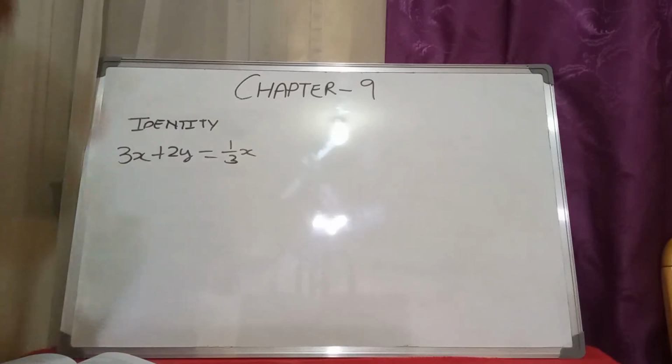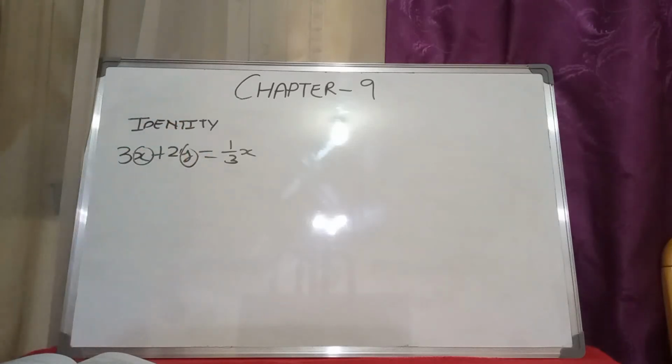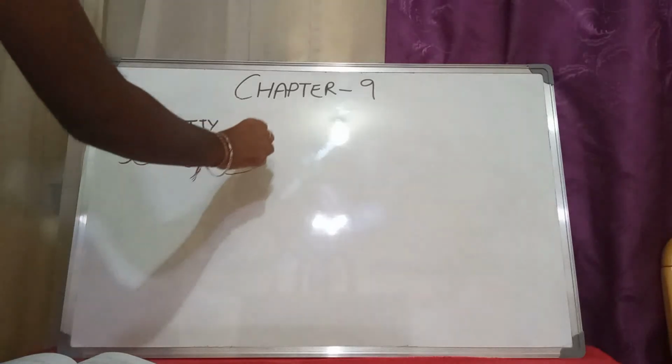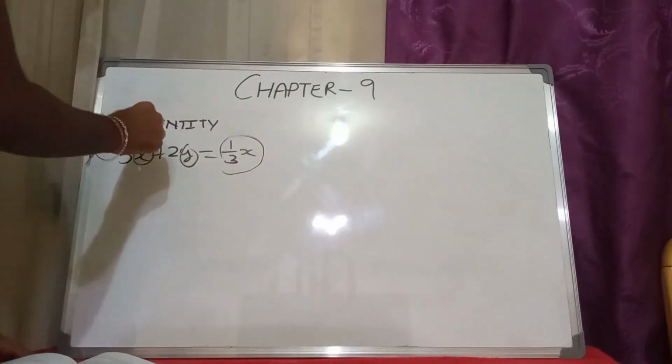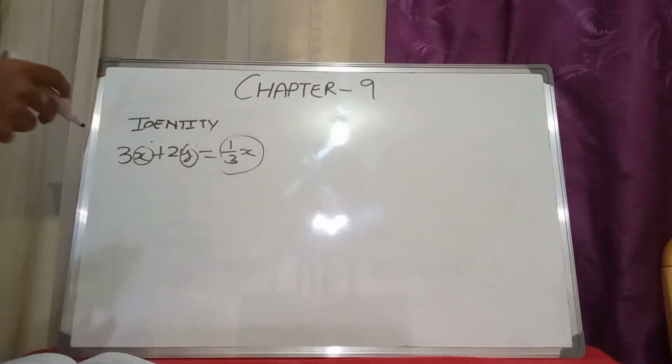From an equation, you can find the value of the variables. But whichever value is given to this x and y, it will not satisfy the equation. So, an equation where any value can be given to x and y, and the equation is satisfied, that type of equation is an identity.